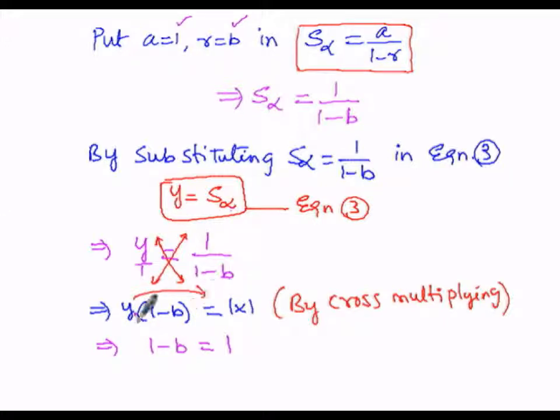Multiplication, when transposed to the other side, becomes division, so into y on the left hand side becomes divided by y on the other side. I got this logical step by transposing.